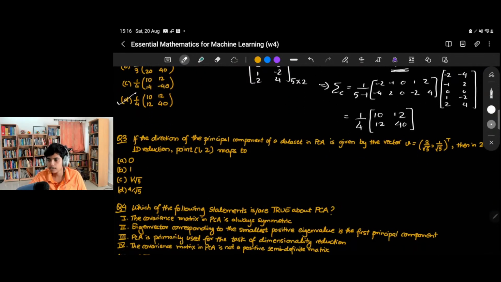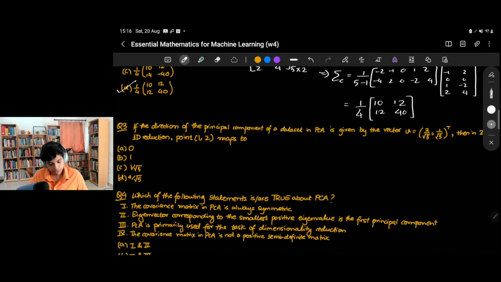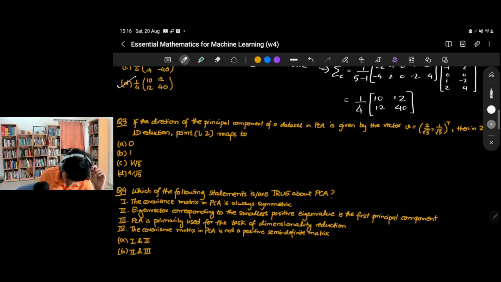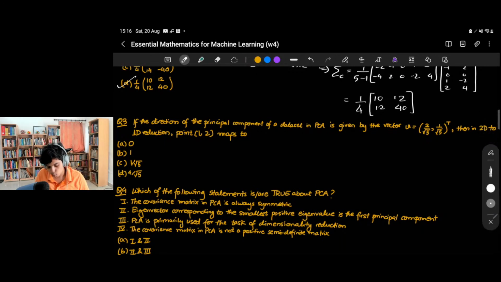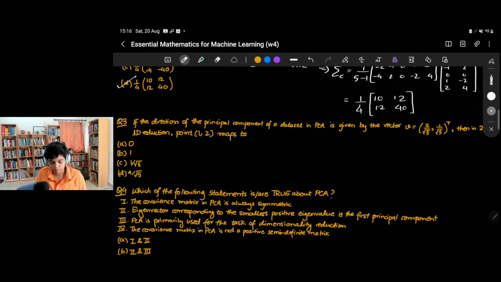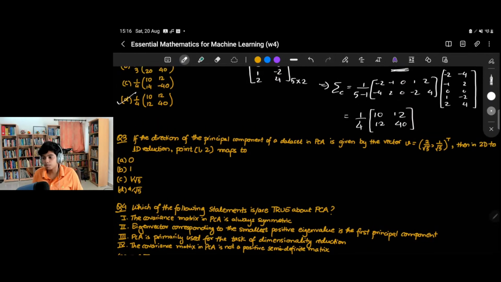So moving ahead, we have the next question. So this question is, if the direction of the principal component of a data set in PCA is given by this vector, then in 2D to 1D reduction, the point 1, 2 maps to which of these numbers? So what we have is, we are given a point which is x. X is the 1, 2 vector.